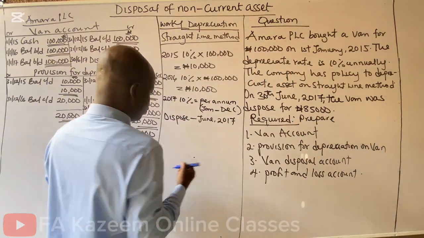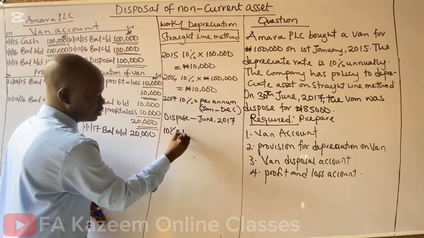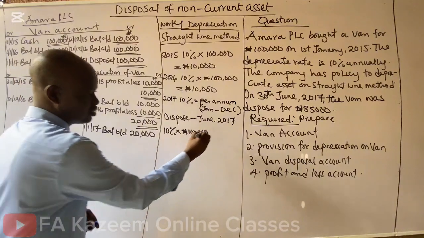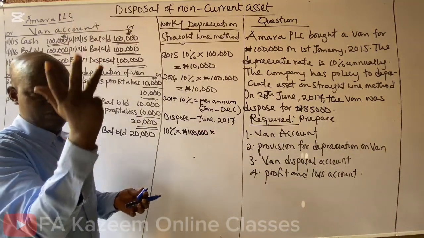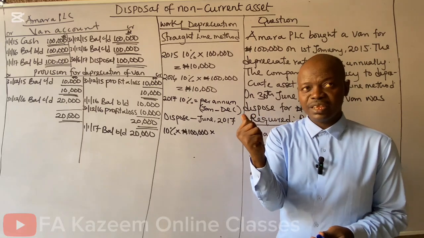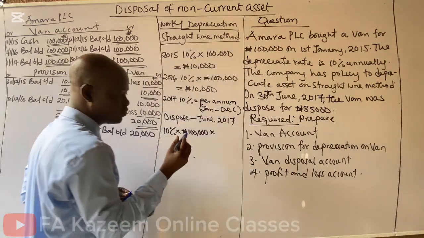In that case, what we are going to do is 10%, which is per annum, times 100,000, times January, February, March, April, May, June. That's 6 months. The asset was only used for 6 months.